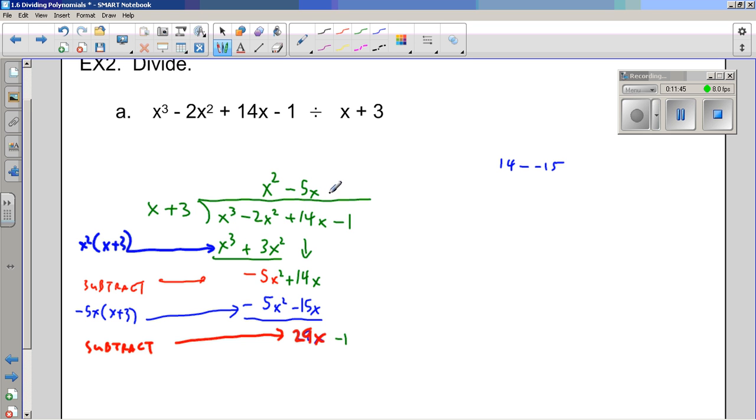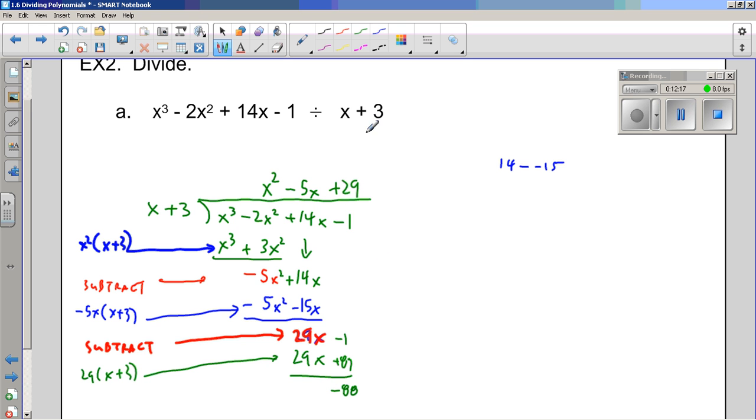Well, 29. And here, see, I'm starting to get lazy already. Again, once we get in the swing of things, we won't write all these steps in. We'll just think them. And 29 times 3 is 87. So when I subtract, I get negative 88.